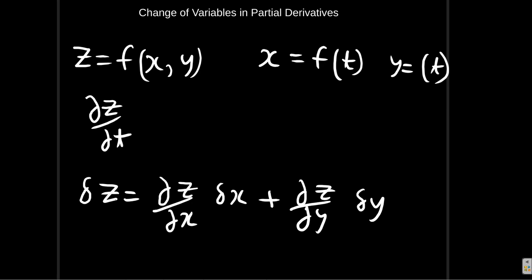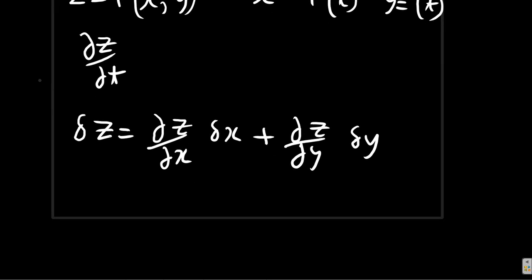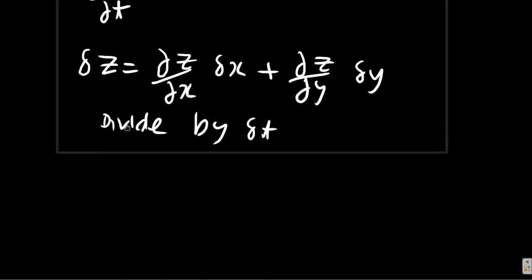Now, suppose we divide by a small change in t. Let's see. A small change in z. Let's write everything as it is first.